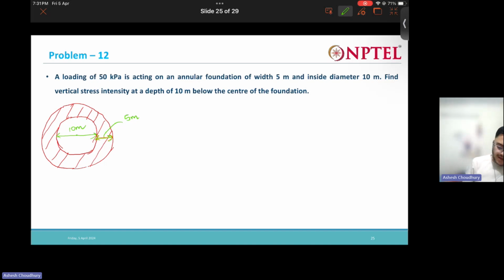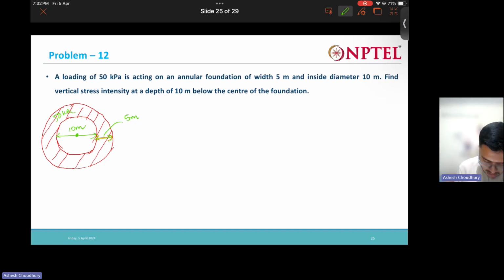We need to find the vertical stress at a point below the center at a depth of 10 meter. The loading in this annular disc that is given is 50 kPa.